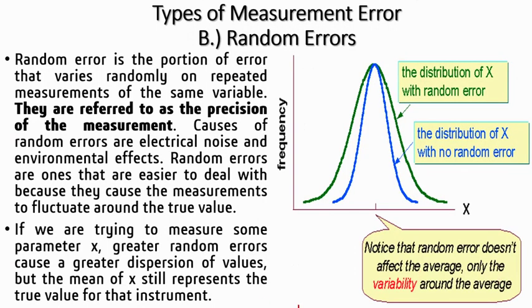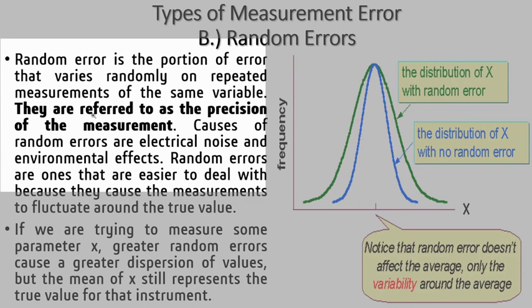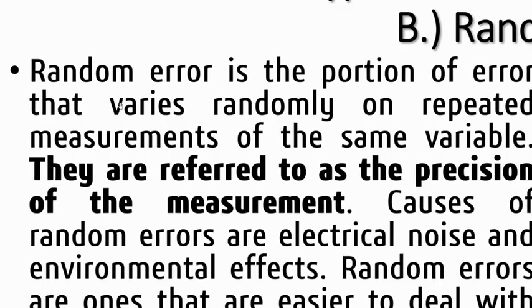Now, we are still looking at the random errors, and we are saying that random error is the portion of error that varies randomly on repeated measures of the same variables. And this type of error, we always refer to it as precision of the measurement.